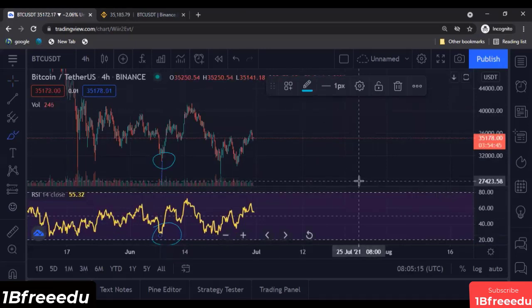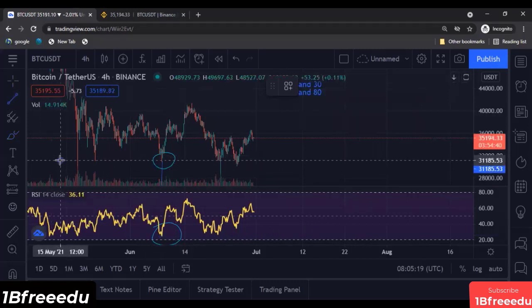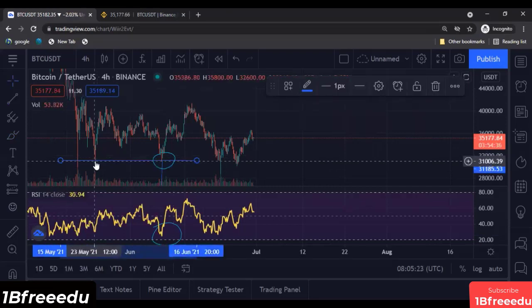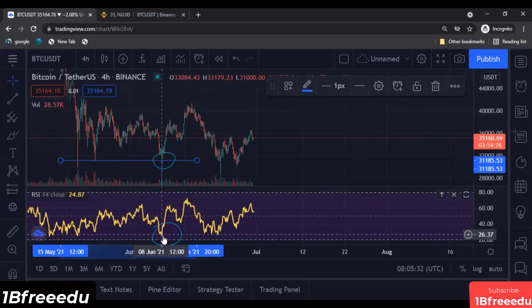As we discussed in the previous lecture, the price had already bounced back twice from here, so we can see this is a good support for the Bitcoin price. In the RSI, it is also indicating a value of 25, which is between 20 and 30.